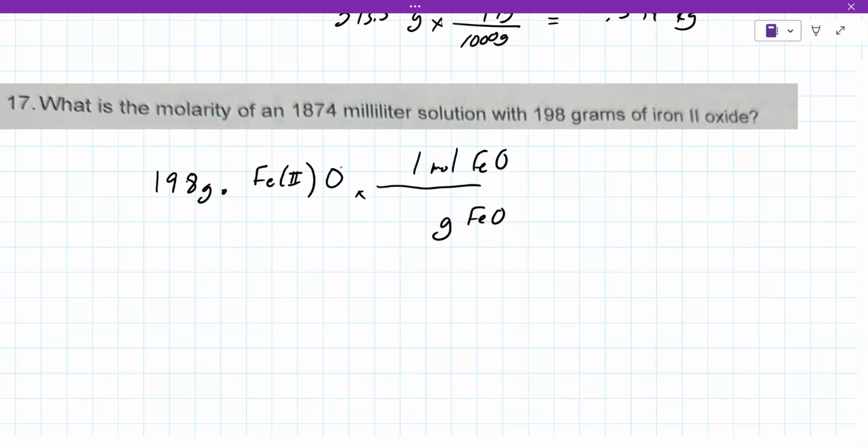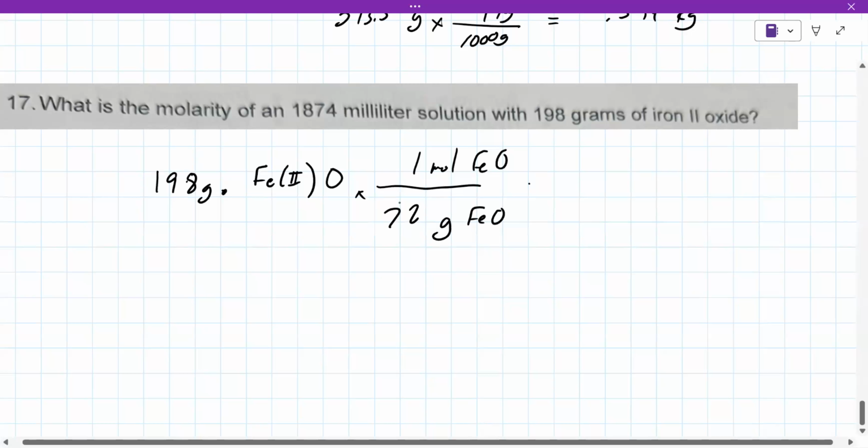Okay, so is it 128? The 2 is the charge, so it's not in the formula. Oh, it's just one Fe and one O. Oh, okay. So 72. Yes.